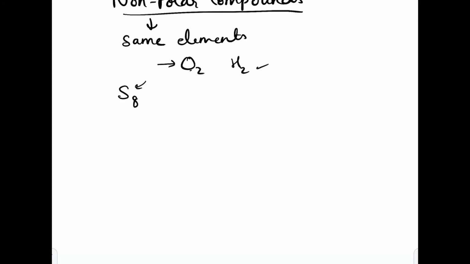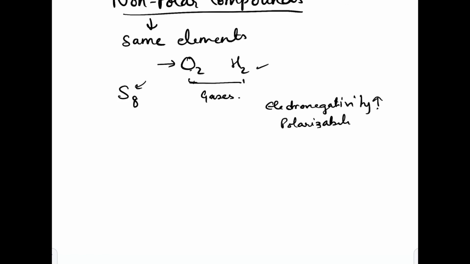Now if you imagine, all these oxygen and hydrogen are gases and they are non-polar. So over here, electronegativity is not contributing to making the compound polarized. Rather, if there is more electronegativity, then there will be less polarizability, because, suppose this is oxygen, it will be able to attract the electrons more.